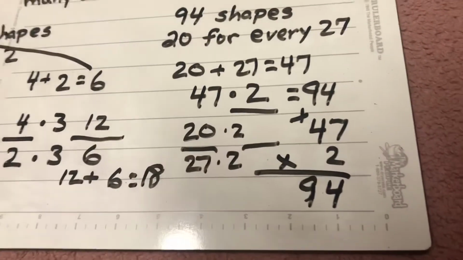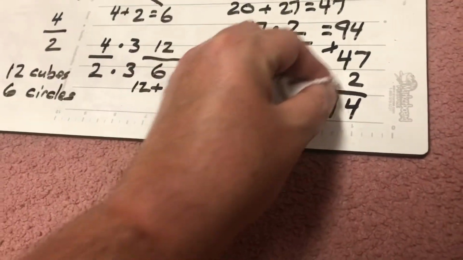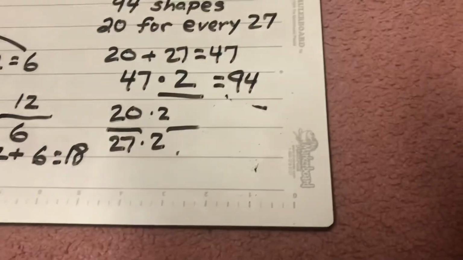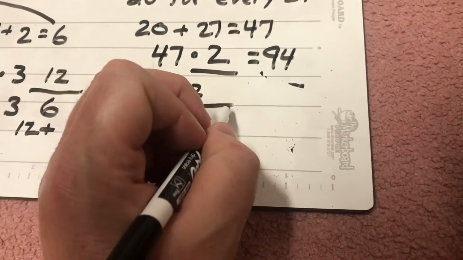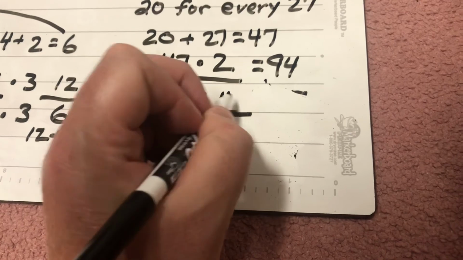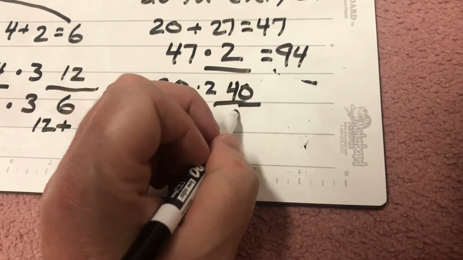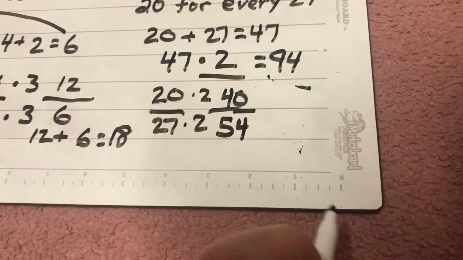Okay, I'm going to go ahead and give us a little more space here because I've already established that I'm multiplying by 2. 20 times 2 is 40. 27 times 2 is 54.